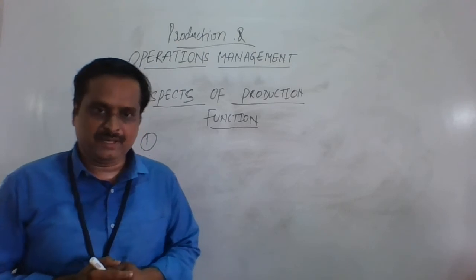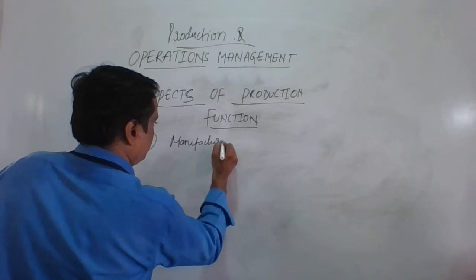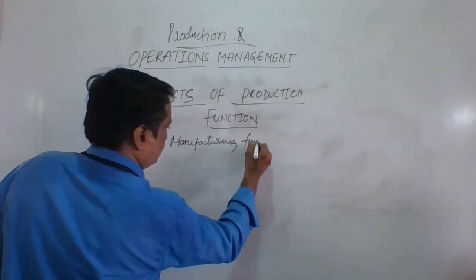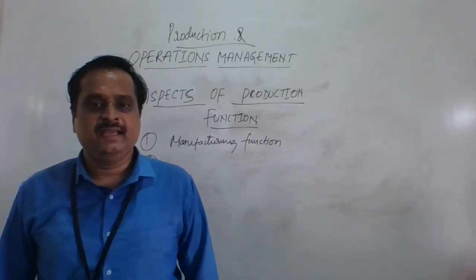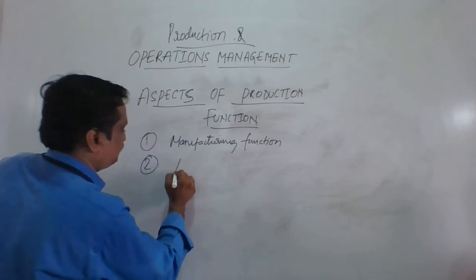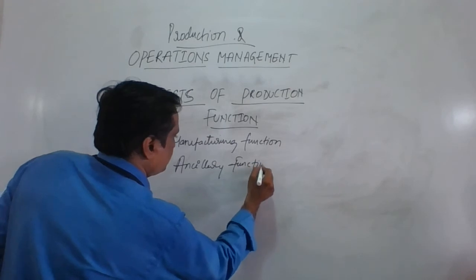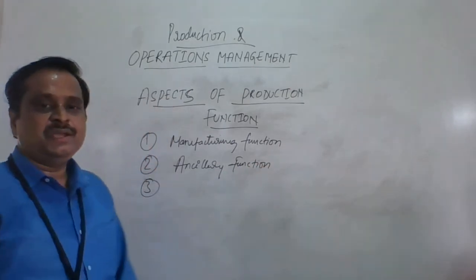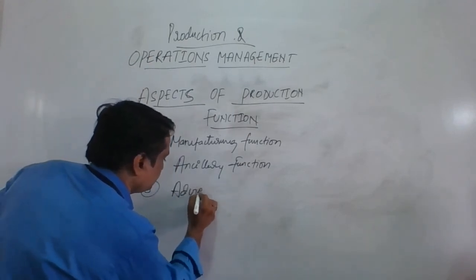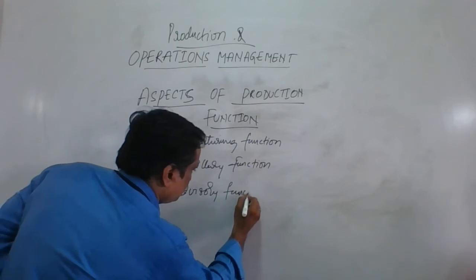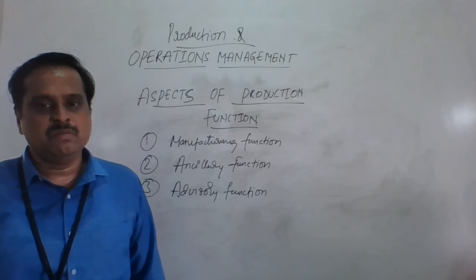The first is manufacturing function, the second is ancillary function, and the third is advisory function. So these are the three important aspects we have in the production function.